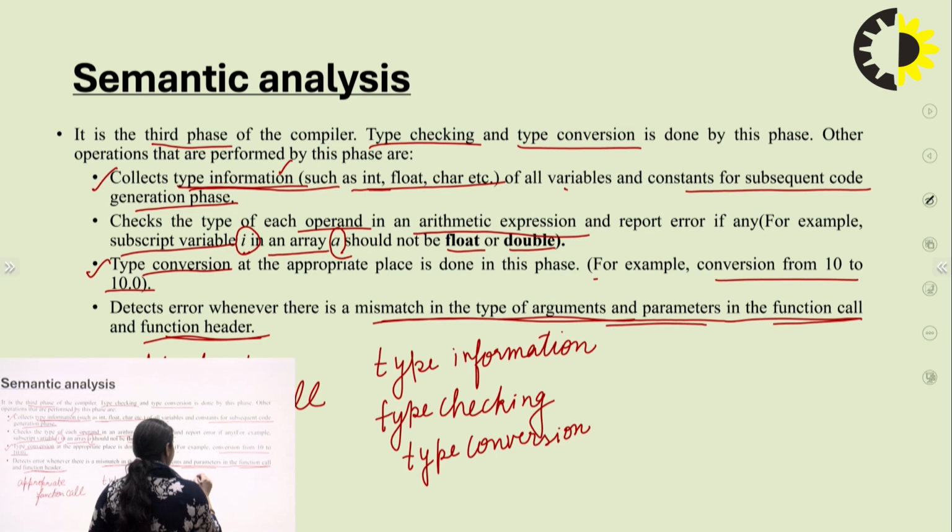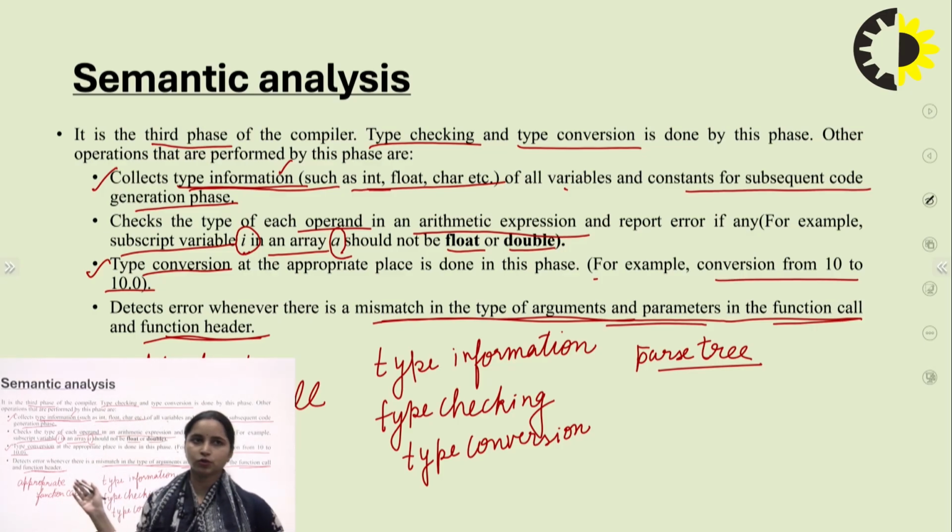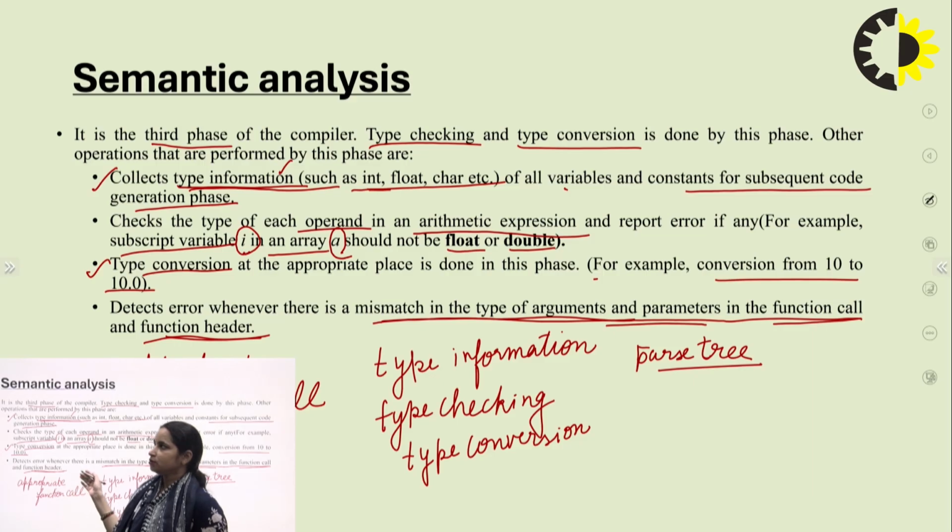In semantic analysis, we are also generating the parse tree only. Make it clear that we are only generating the parse tree, but we are seeing all these things, whether the source program which we are providing is firstly analyzed by the lexical analysis phase.